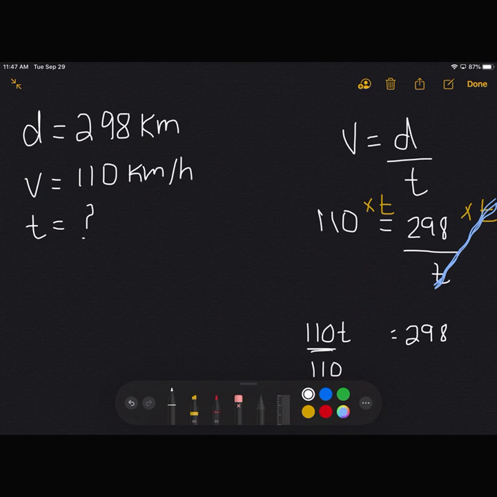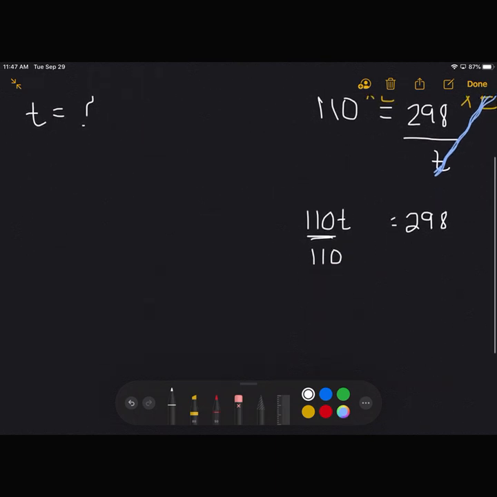What's 110 divided by 110? Definitely not that number. What's any number divided by itself? No. 110 divided by 110 is not 110. It's 0. No, it's not 0 either. Is that your answer?